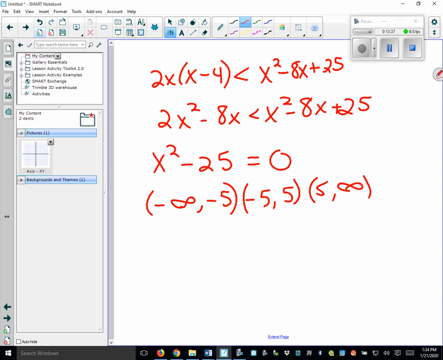Okay, for the first set, can I use negative 6? Yes? So I use negative 6. When I put that in, that gives me negative 12 times negative 10 is less than 36 plus 48 plus 25.